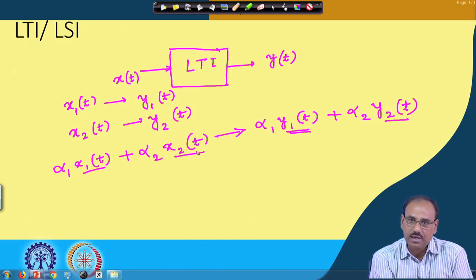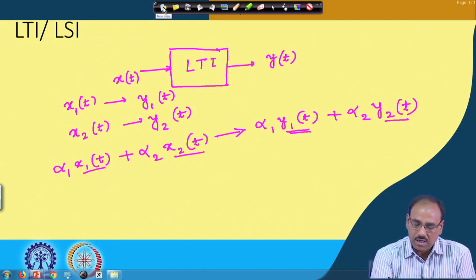So, if the system is linear, that indicates that if I give an input which is alpha1 times x1(t) plus alpha2 times x2(t), the output of the system must be alpha1 times y1(t) plus alpha2 times y2(t). So, this property must hold true if the system is a linear system.